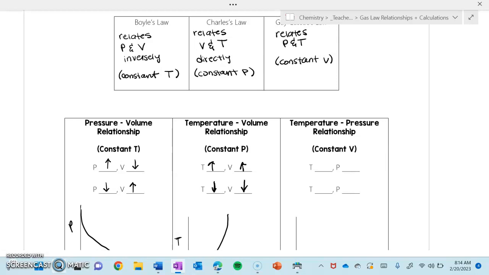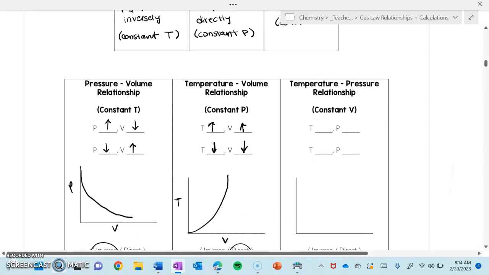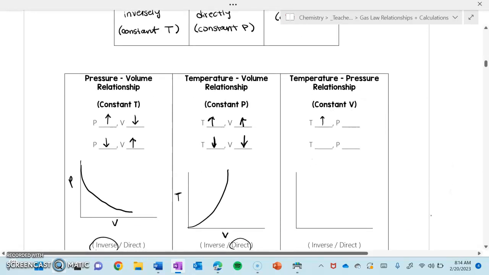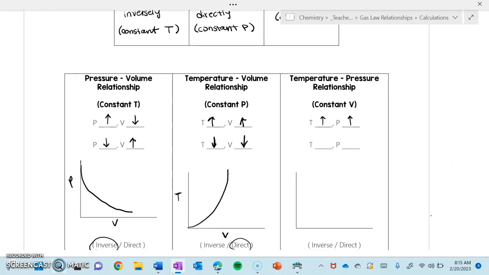So generally, if we're going to be changing temperature, it would also affect the volume in a real world scenario. But for the case of just focusing on this individual relationship, we are saying that volume is going to be staying constant. And these two are also related directly. So that's also same. This is going to look a whole lot like Charles' law. When temperature goes up, pressure goes up. When temperature goes down, pressure goes down.